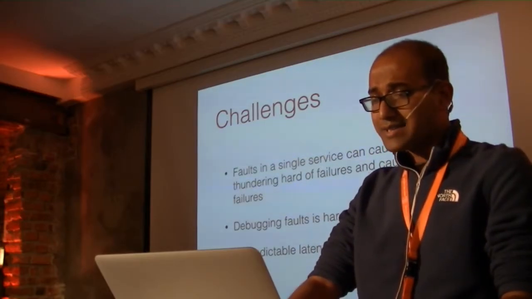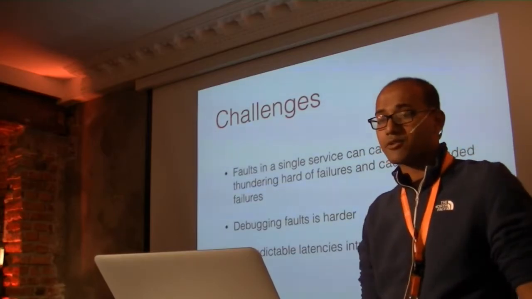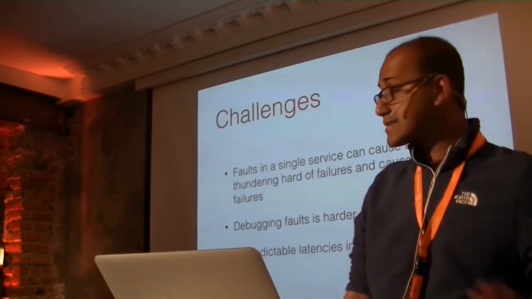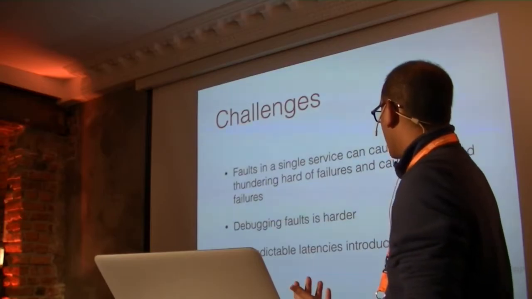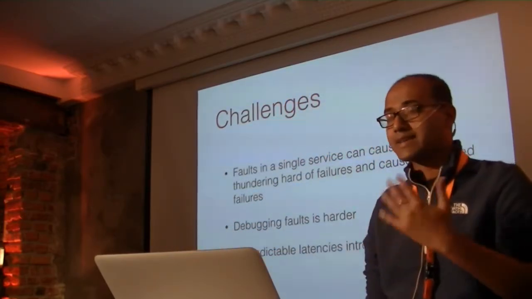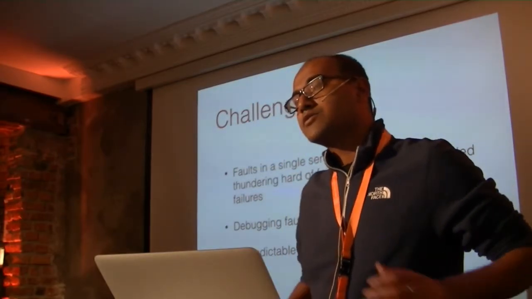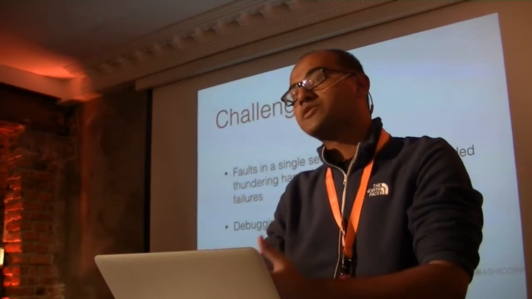And the challenges of such systems are manifold, right? The three things that come to my mind: first, faults in a single service can bring down the whole thing, like I said earlier. You just cannot trust your own team to do a good job.